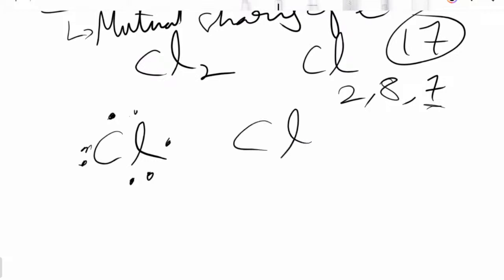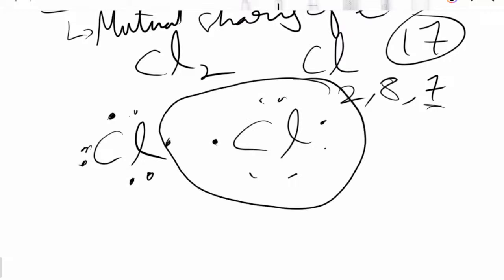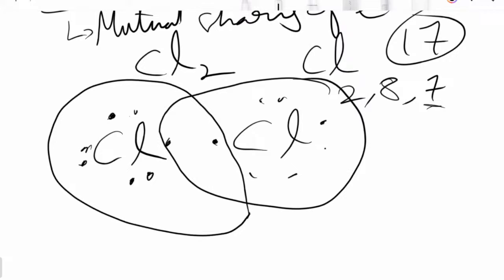Another Cl also has a similar configuration. So the bonding happens by mutual sharing of one electron, each atom sharing one electron. This is how bonding happens.